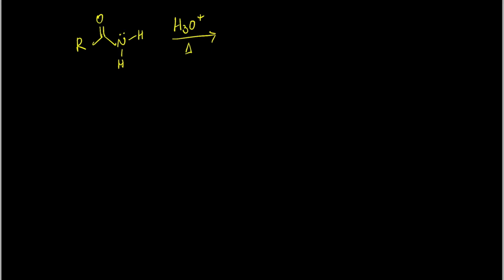So, this is basically H3O plus, just think about it as H plus, which is a catalyst, and water, okay? And this will hydrolyze by adding water to the components here to give you the carboxylic acid and then ammonia. Now, under acid conditions, we're going to actually form ammonium, okay? So let me take you through the curved arrow reaction mechanism and show you what that looks like, and then I'll show you a couple examples, okay?